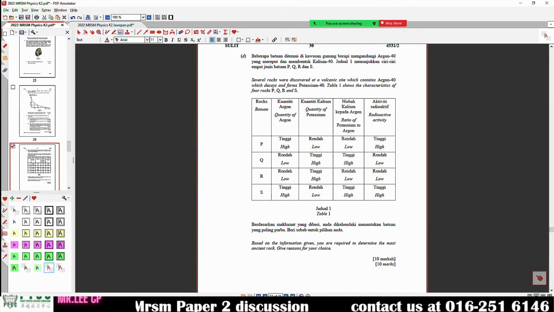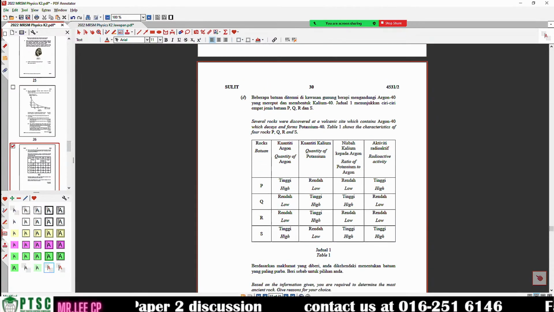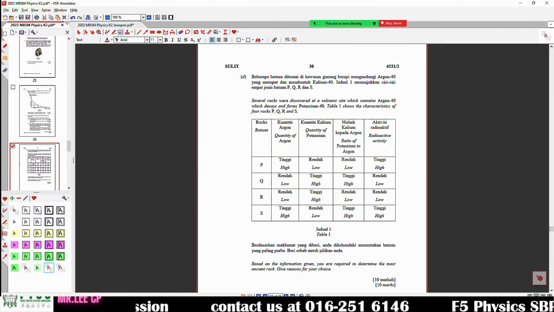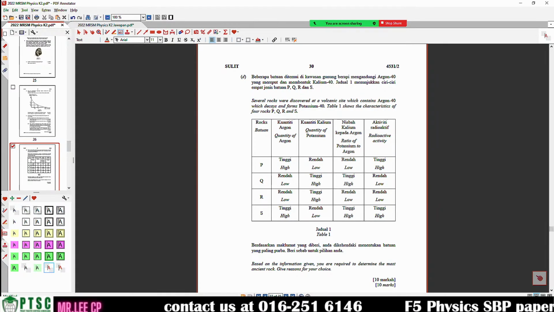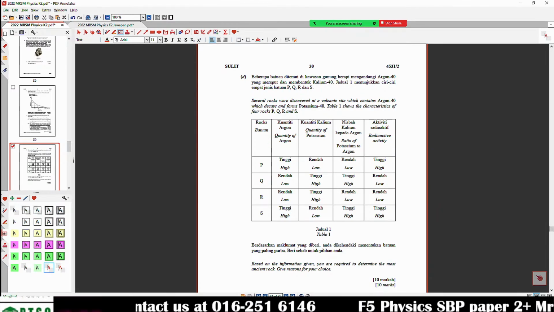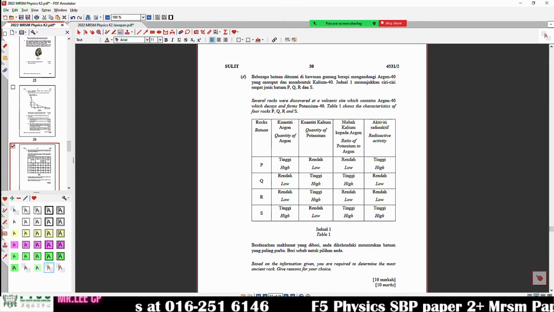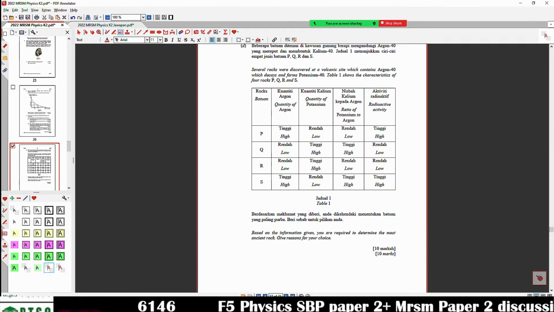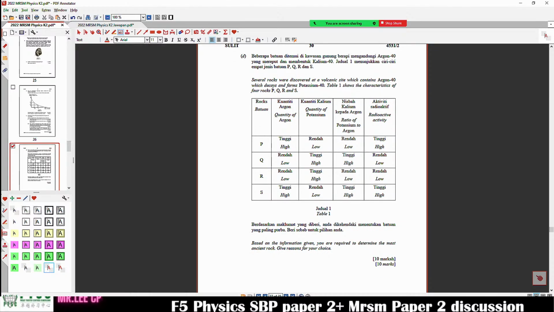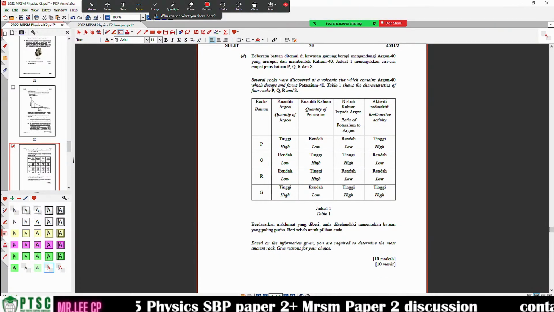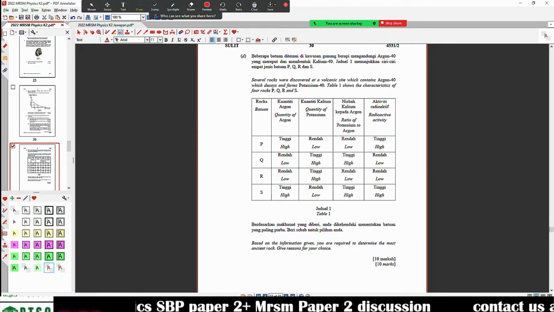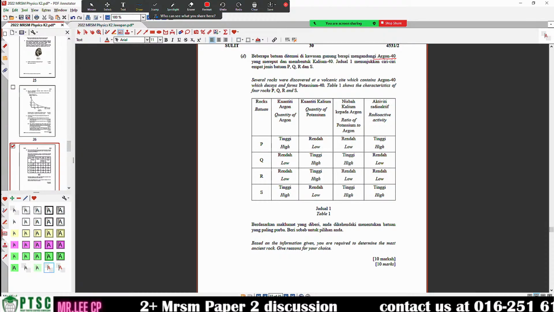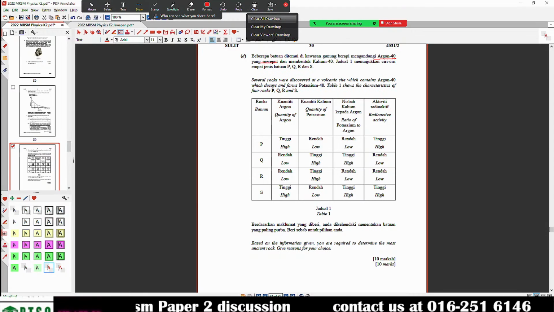Now next one, D. Several rocks were discovered at the volcanic site with the content of argon-40, which decays from the potassium-40 in diagram 1. Based on the information, you are going to determine the most ancient rock, the oldest rock. So at first you're going to have argon-40.